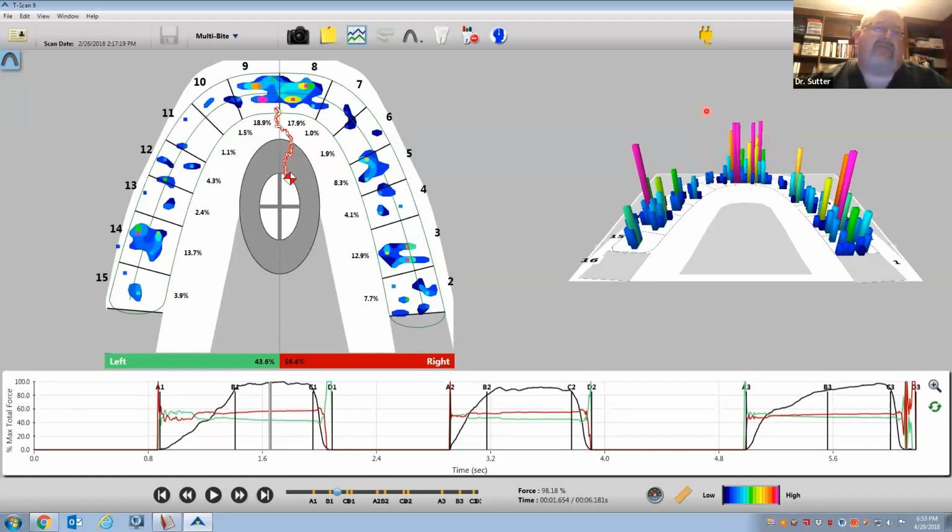What do you think is going to happen to those veneers, at least on 8 and 9? They're overloaded. Can they pop off? Sure. Can they break? 100%. Absolutely. So it's good to have this information from the ground, because I just transferred all the responsibility for this case to the patient. She owns it. I don't own it.